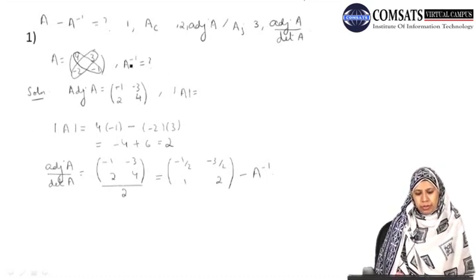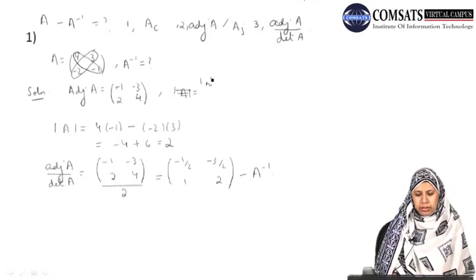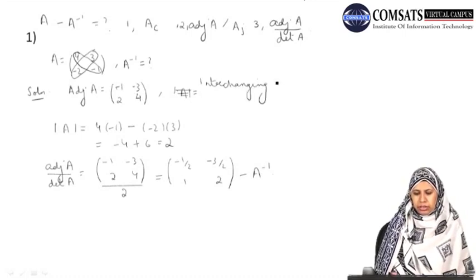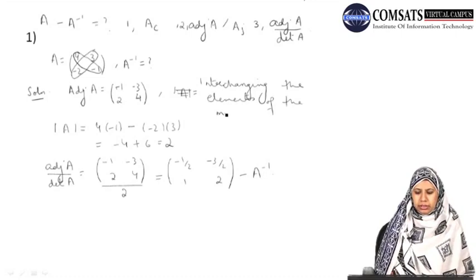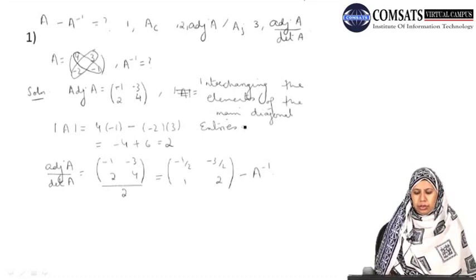Now if we want to recall what we have done in finding the adjoint of our matrix A, the adjoint of a square matrix of order 2 by 2 is obtained by interchanging the elements of the main diagonal, and multiplying by -1 the entries of the other diagonal, that is, the entries of the other diagonal are multiplied by the scalar -1.